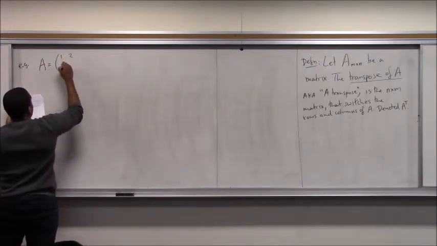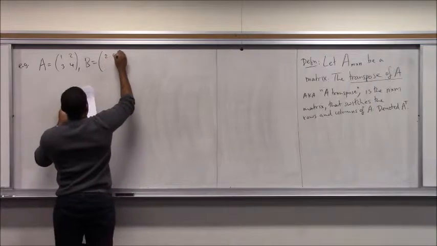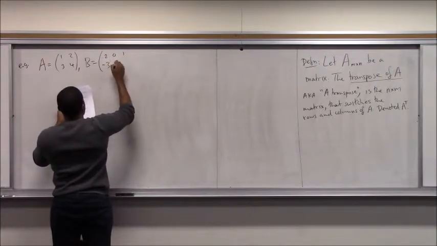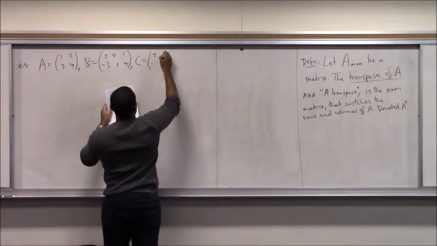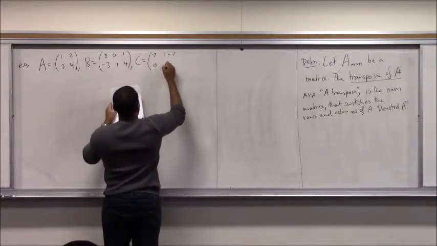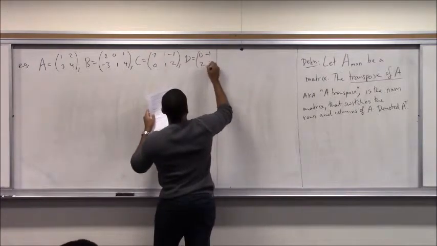A was 1, 2, 3, 4. B was 2, 0, 1, minus 3, 1, 4. C was 7, 1, minus 1, 0, 1, 2. And D was 0, minus 1, 2, 2.